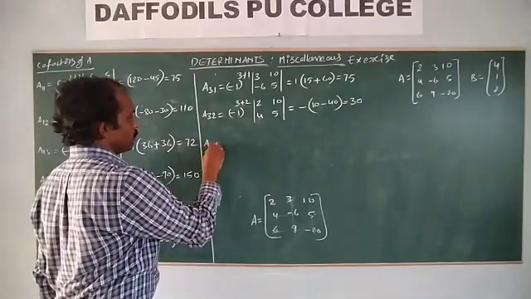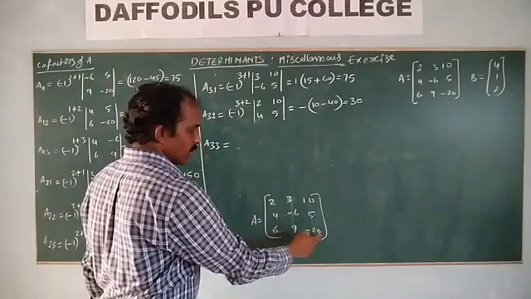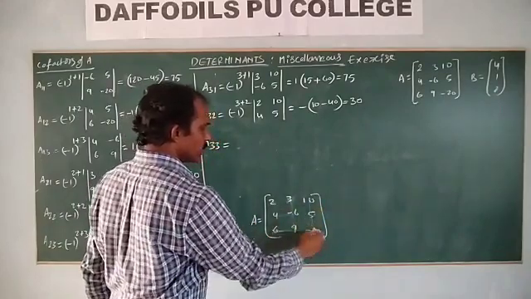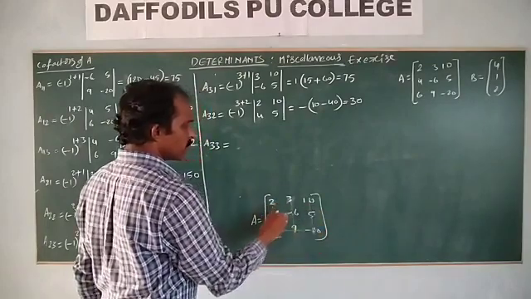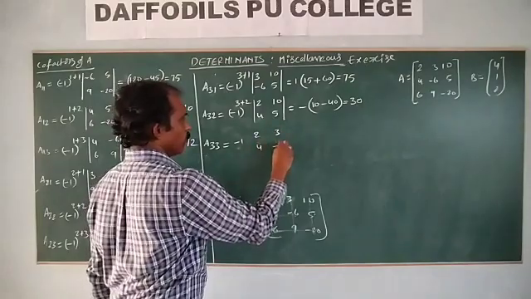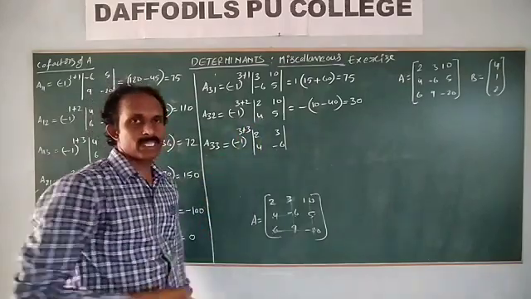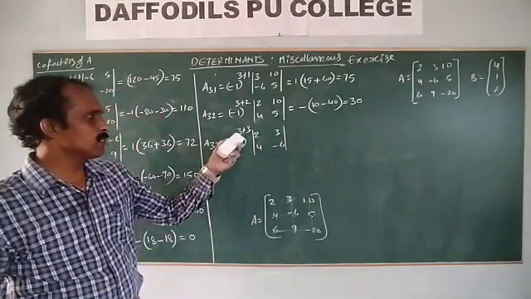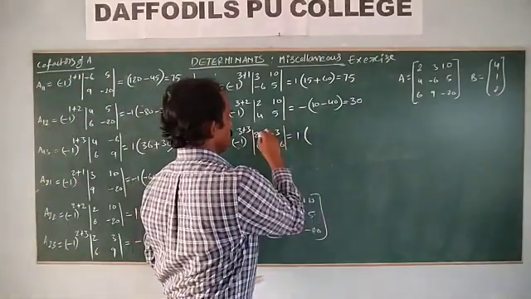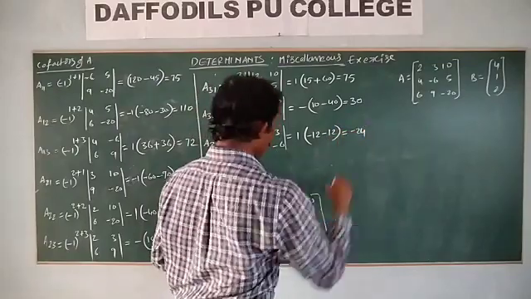Next one, A33: deleting this row and this column, the remaining elements are 2, 3, 4, minus 6. Minus 1 to the power of 3 plus 3, even, so plus. Minus 12 minus 12, that is equal to minus 24.